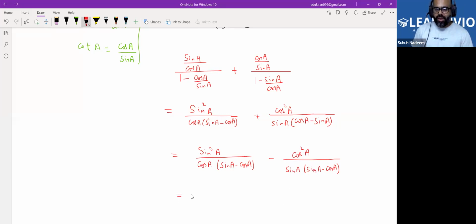Here it was sin A minus cos A, here it was cos A minus sin A, so we made both sin A minus cos A.